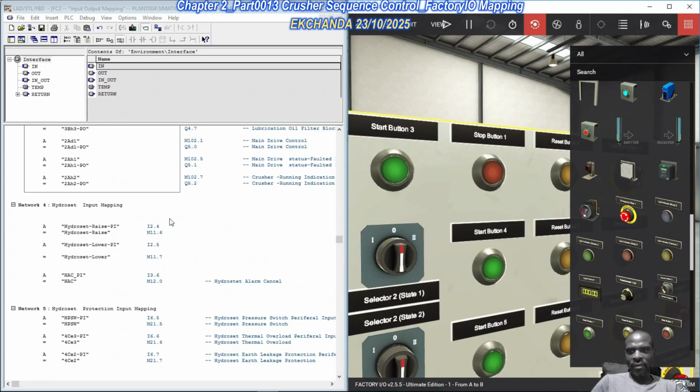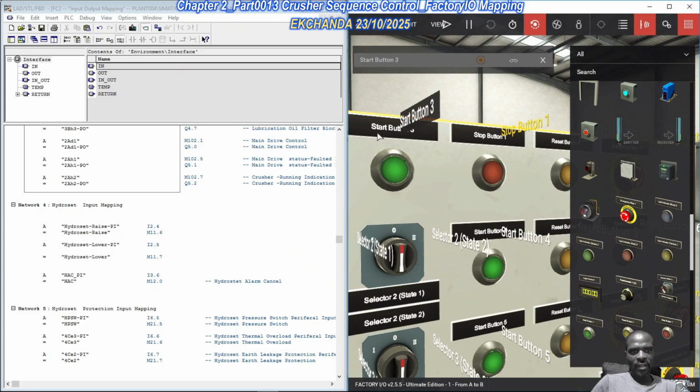So this is what we have. With the hydroset, what we need is the hydroset raise, hydroset lower, and hydroset alarm cancel, which is a toggle switch. So to do this, what we need is to change the labels.